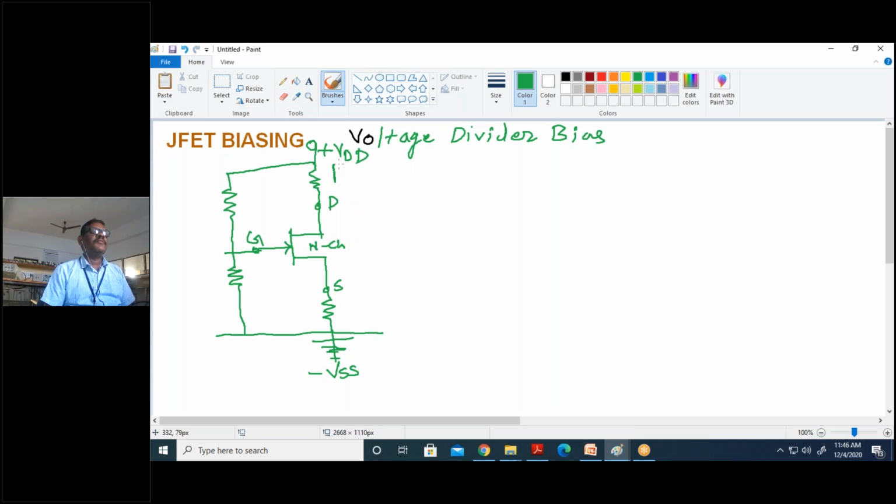VDD to drain resistance is called RD, and source to ground resistance is called RS, source resistance, and R1 in between VDD to gate and R2 gate to ground.